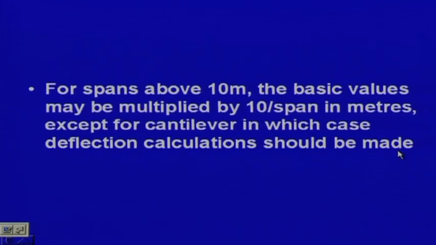That means for a cantilever beam or slab more than 10 meter, you have to calculate your deflection. Otherwise, we can multiply the value with 10 by span, find a new value, and use it. So you start with a basic value and then modify it according to the span, and we can call that K1.